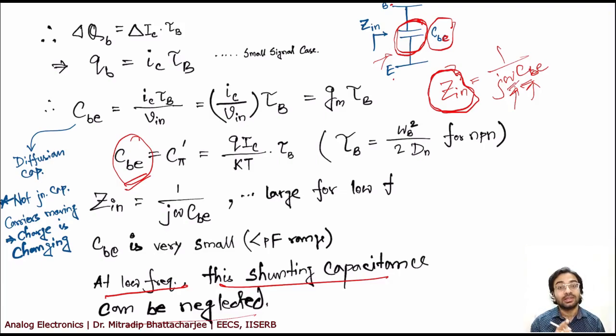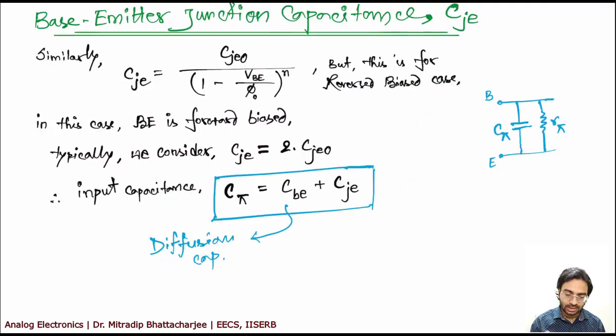Similarly, we have taken into consideration the junction resistance R mu, but that will not come into the base emitter junction. Why? Because the base emitter junction is forward biased, so it has very little resistance and we can ignore it. So here currently we are calculating the junction capacitance.